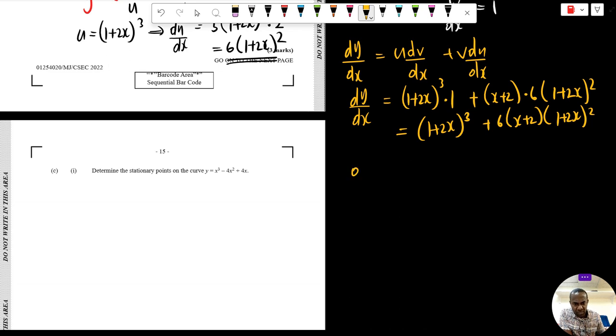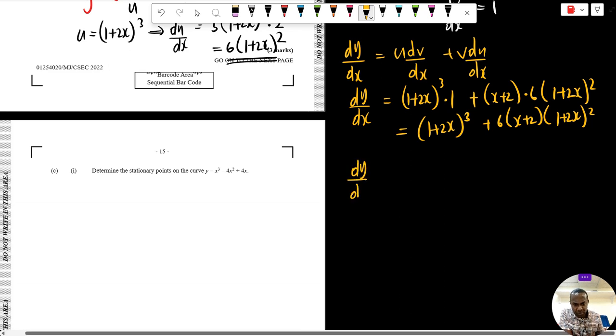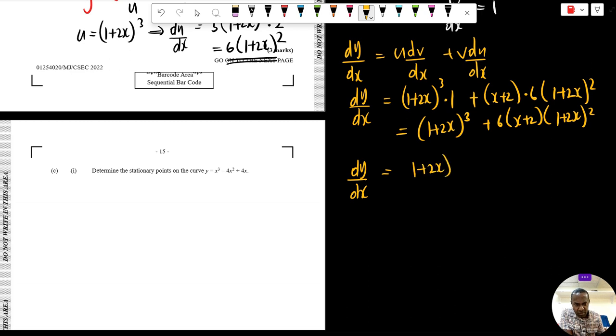All right? So we can say that dy by dx equals 1 plus 2x squared. And when you divide 1 plus 2x cubed by 1 plus 2x squared, this leaves us with 1 plus 2x. Then we have plus 6x times x plus 2. And we expand and we try to simplify the expression inside the square brackets.